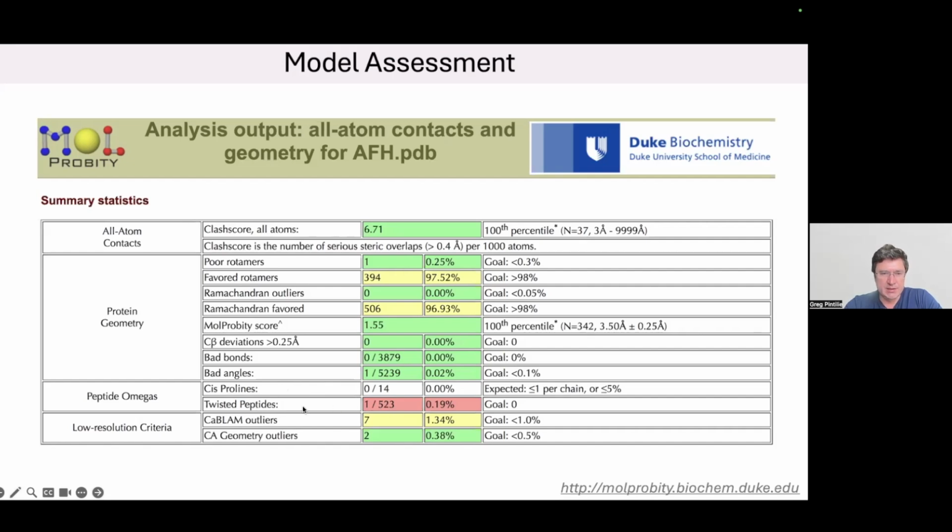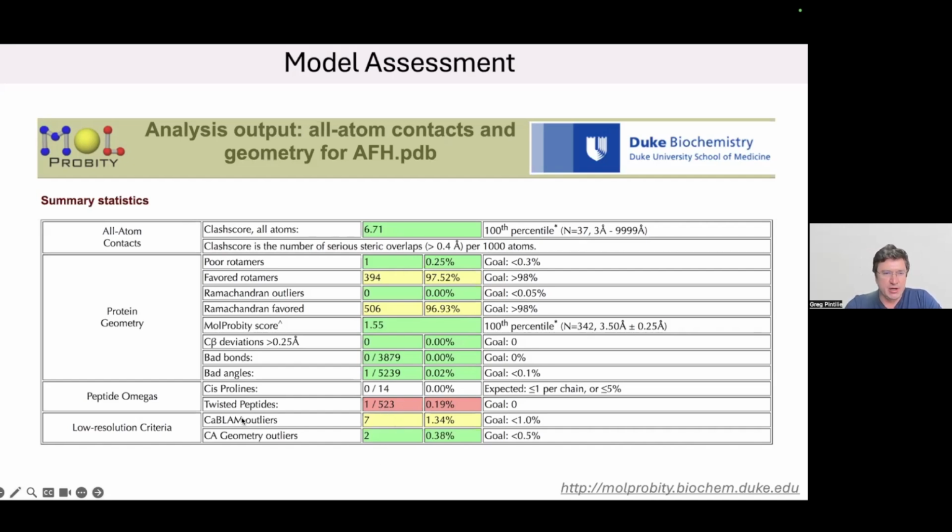And this is how important that parameter is: even one twisted peptide is flagged as red. The goal is 0. There is some flexibility around those 180 and 0 angles, as I was showing before, using the standard deviations of the observed values. Usually anything within 4 or 5 standard deviations is thought to be okay.